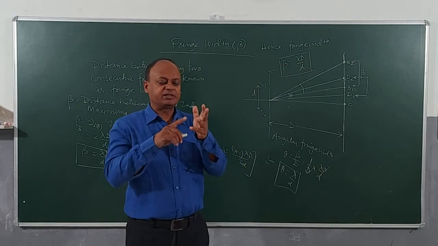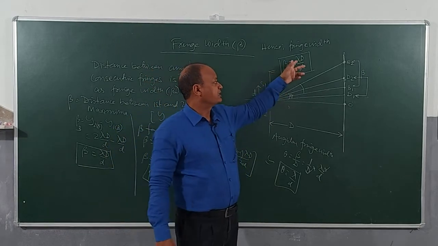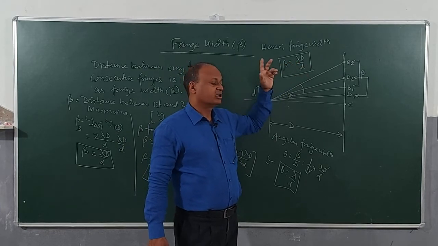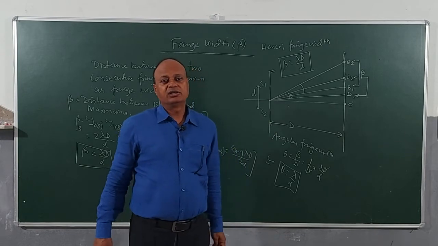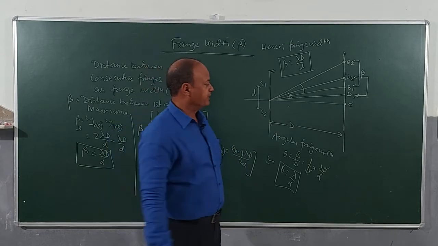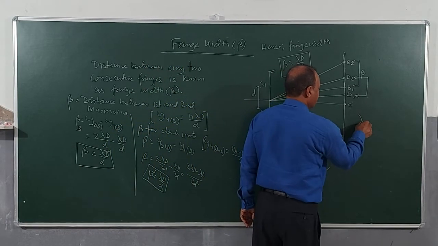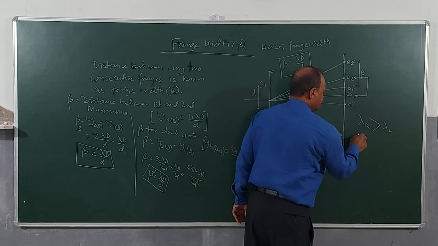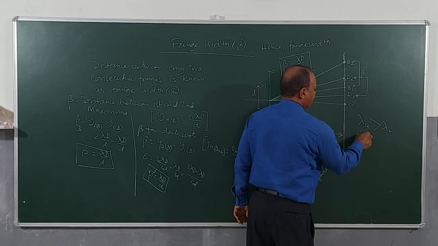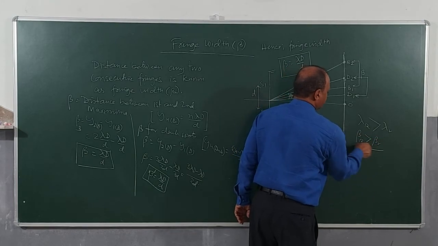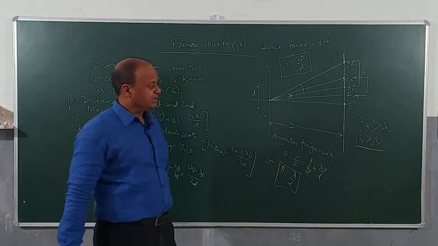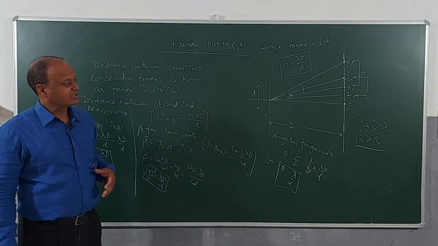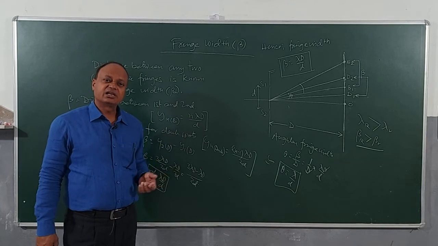If you do not change capital D and small d, then by increasing the wavelength, we will be increasing the value of the fringe width. For example, lambda of red is more than lambda of violet. Therefore, beta for red will be more than beta for violet. So, you have to remember this. Clear? So, we calculated fringe width, in fact linear as well as angular.